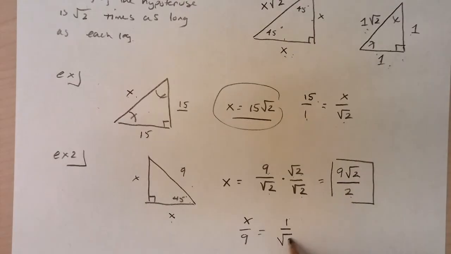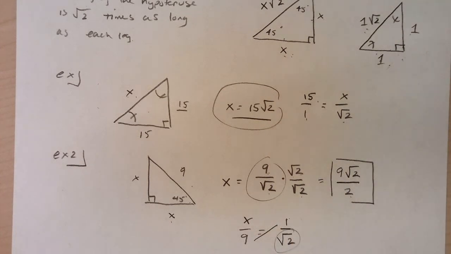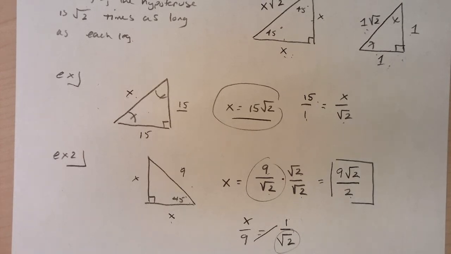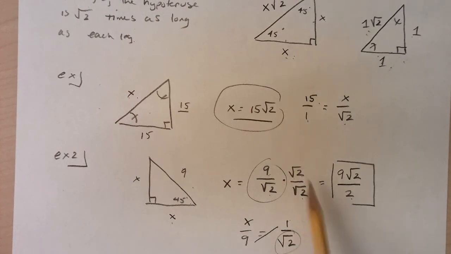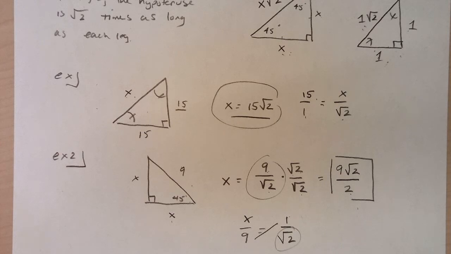That's the same as the square root of 2. I still cross multiply. 9 times 1 is 9. Then divide by the square root of 2. Here's what we end up with. And then we would still need to get rid of the radical in the denominator, or again, that's called rationalizing the denominator. You multiply by the square root of 2 over the square root of 2. You end up with 9 root 2 over 2.